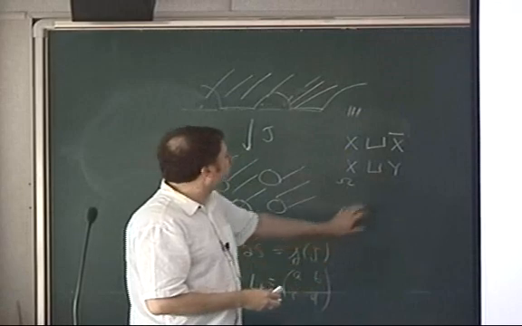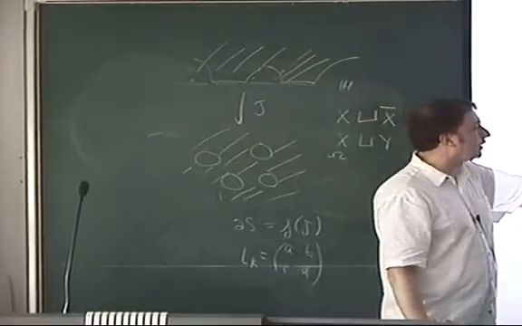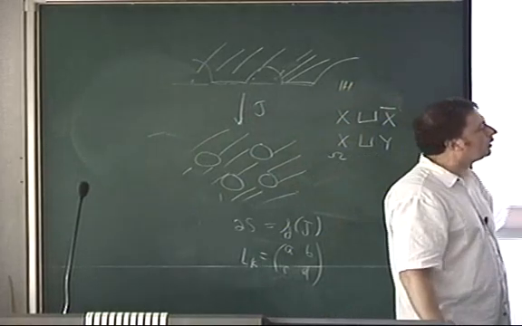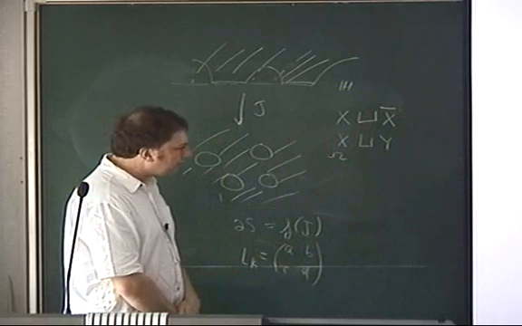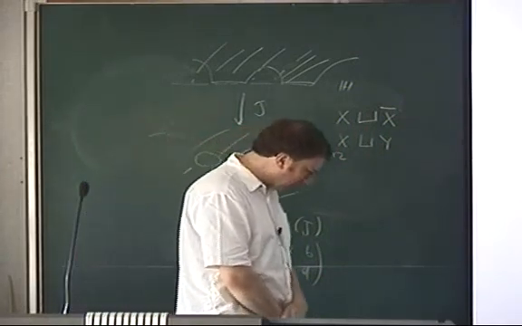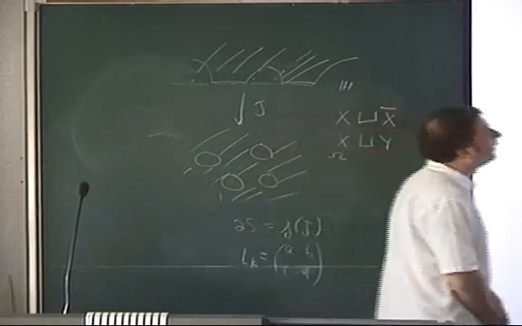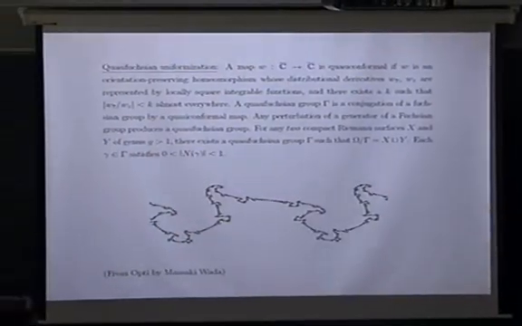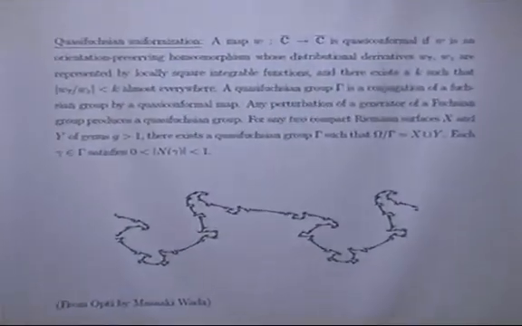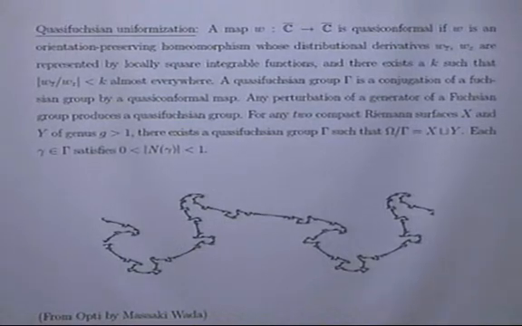So the quotient of the ordinary set of a quasi-Fuchsian group by the group gives you 2 Riemann surfaces. And the simultaneous uniformization theorem of Bers says that given any 2 Riemann surfaces with the same genus, you can find a quasi-Fuchsian group which simultaneously uniformizes those two surfaces.